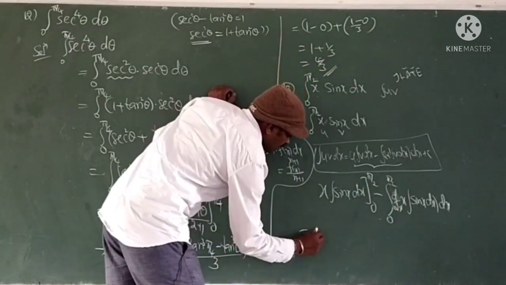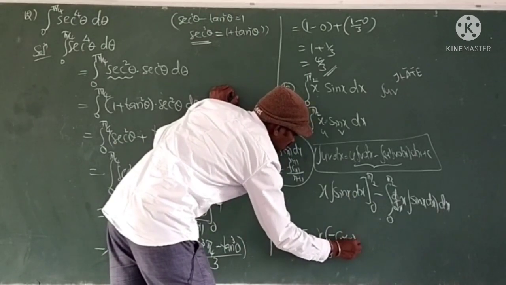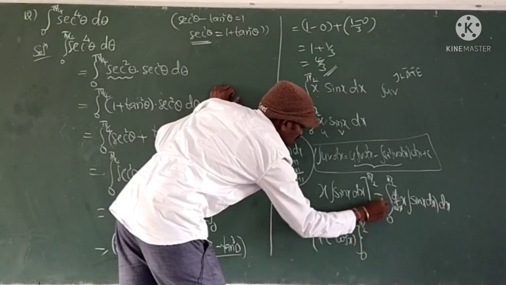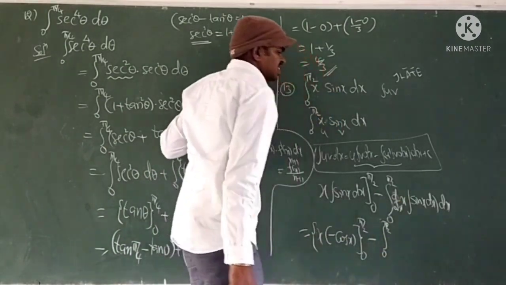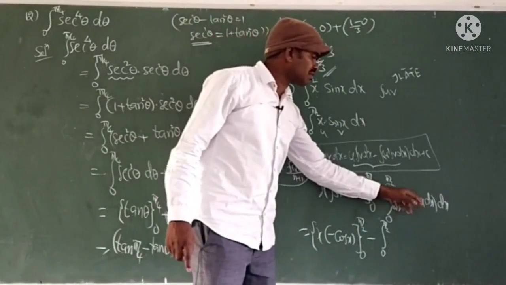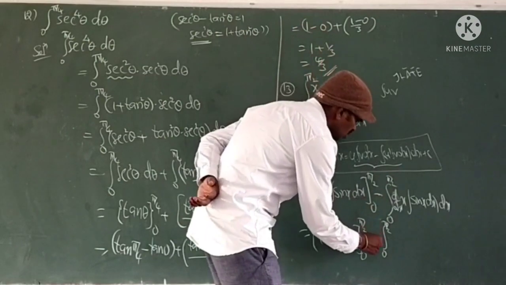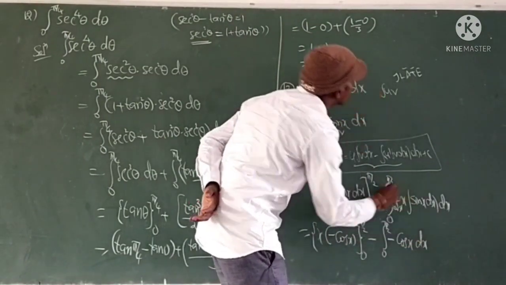So in the next step, x times the integration of sin x is what? Minus cos x, and here intervals are 0 to pi by 2, then minus integration from 0 to pi by 2, the derivation of x is 1, and the integration of sin is, yes, minus cos. So minus into minus cos x dx.